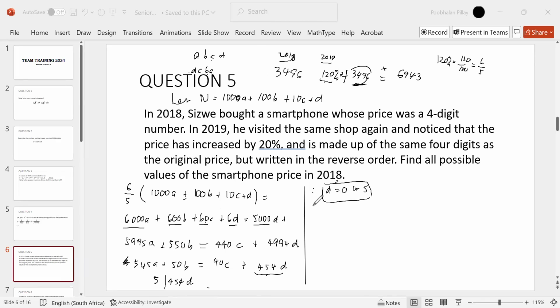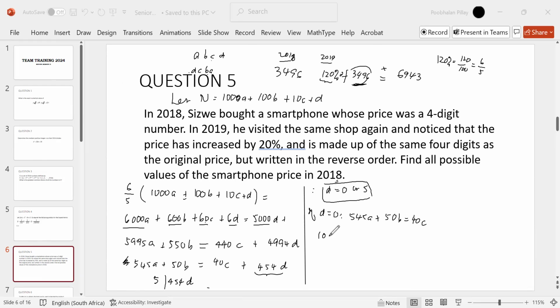Okay, let's try 0. If D equals 0, let's go to our equation. You got 545A plus 50B. I'll put D equals 0 there. So you get 40C. Right? Is equal to 40C. And that means, well, I can divide by 5 right throughout now.